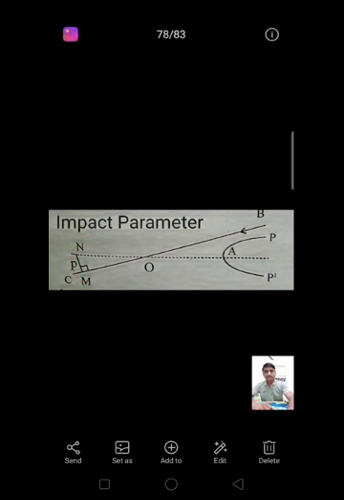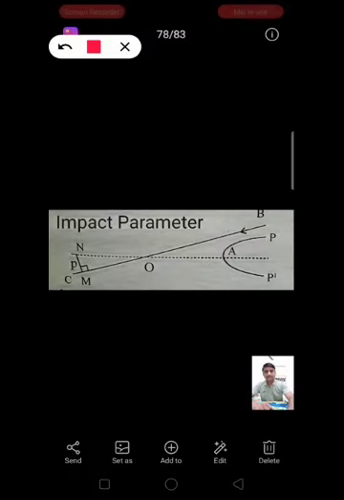Now let us see another one, the distance of closest approach. Let the alpha particle be moving along the parabolic path PA dash at a distance from the nucleus.